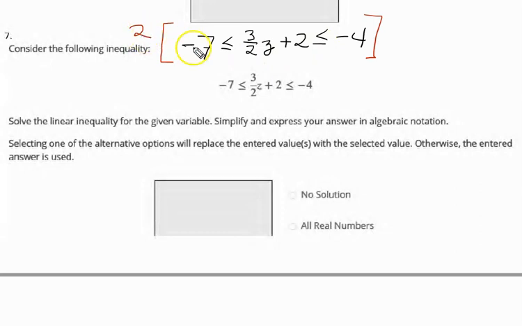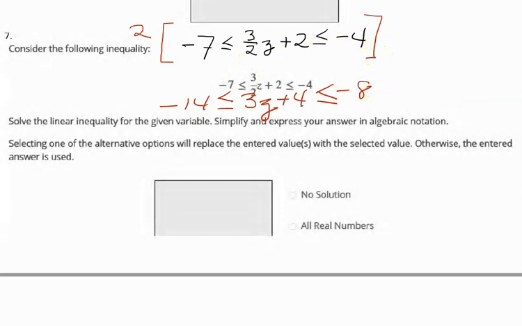So here, 2 times negative 7 is a negative 14, is less than or equal to. Now the 2 will cancel out. This will give you a 3z. 2 times 2 is plus 4, is less than 2 times a negative 4 is a negative 8. Okay, we've made it easier by getting rid of that fraction.